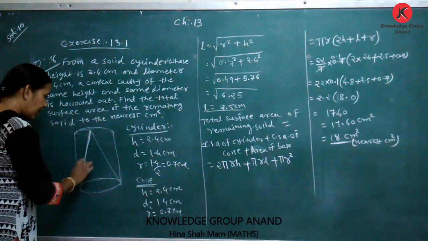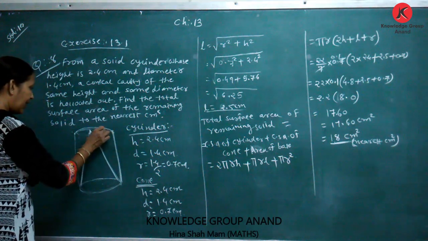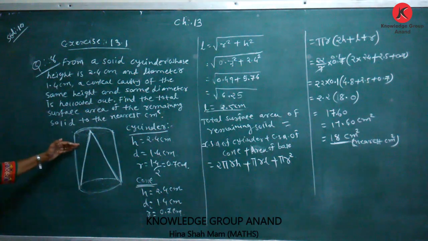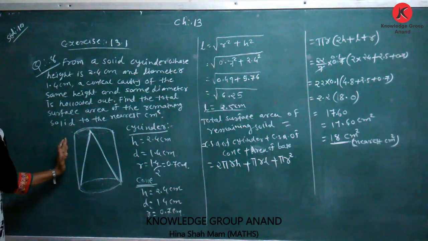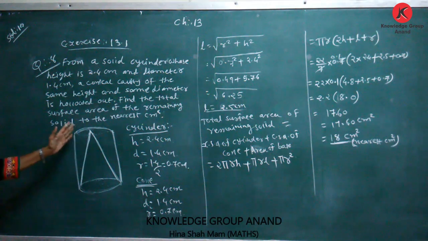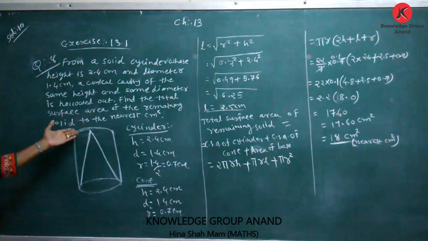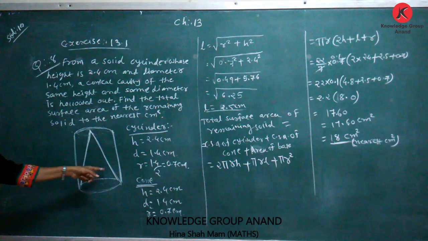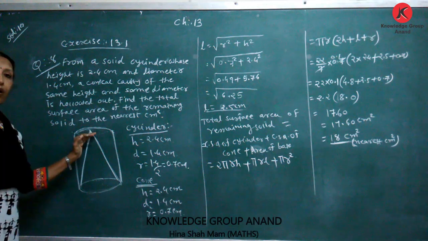Here, this is our total surface area like this, and this. In this figure, height of cone and cylinder, radius of cone and cylinder, both are same. Therefore, the remaining part of the solid is equal to curved surface area of cylinder plus curved surface area of cone plus area of base.